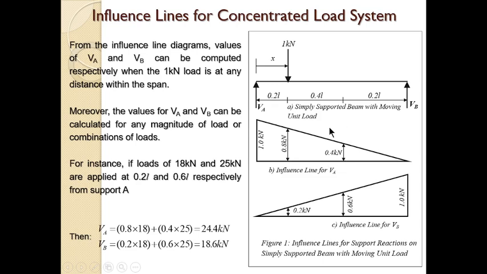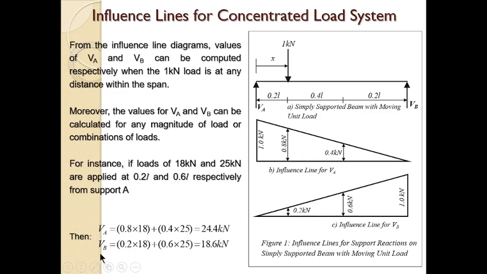This one will also be the magnitude of this load multiplied by its coordinate. So reaction at A is equal to 0.8 multiplied by 18, which is the 18 kilonewton load here, plus 0.4, which is the magnitude at this point, multiplied by the 25 kilonewton load on top here. When we do that together, we have 24.4. That is the reaction at A due to the two loads at those positions.